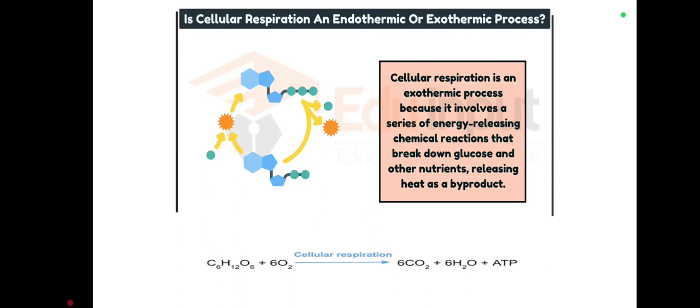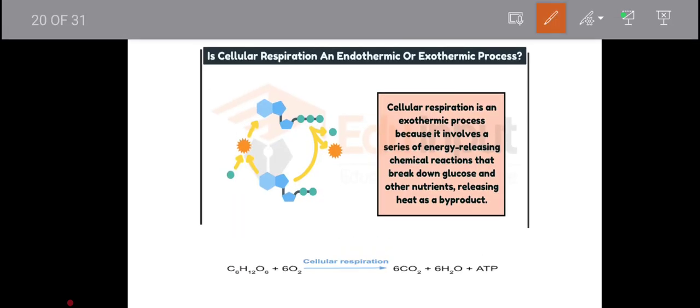The cellular respiration equation is also given here: C6H12O6, which is called glucose. In cellular respiration, glucose combines with oxygen.